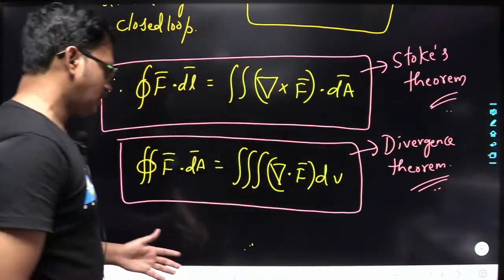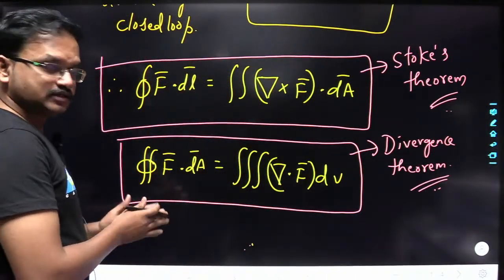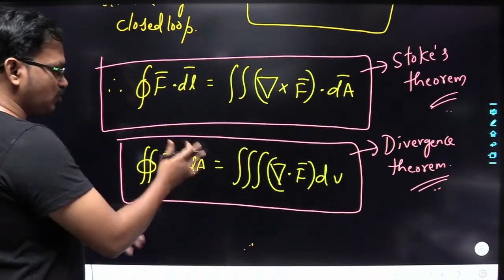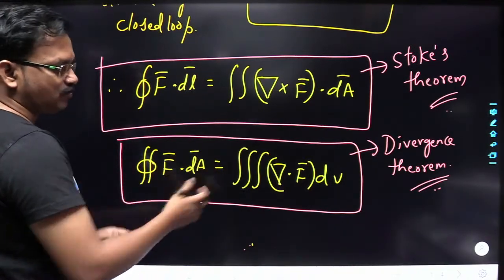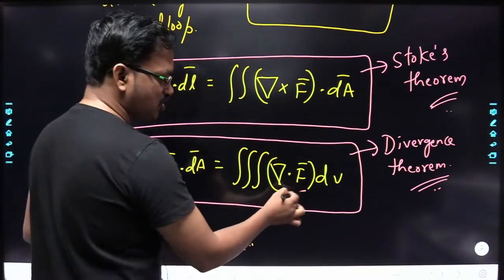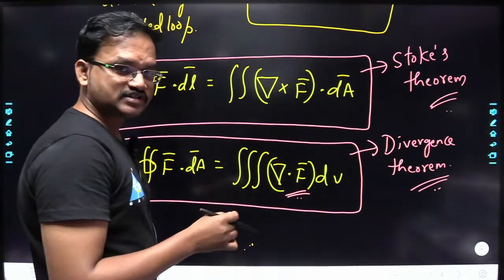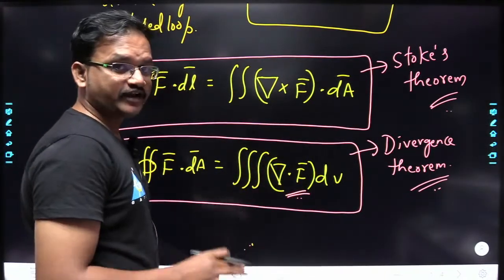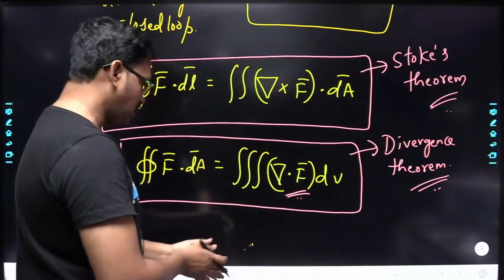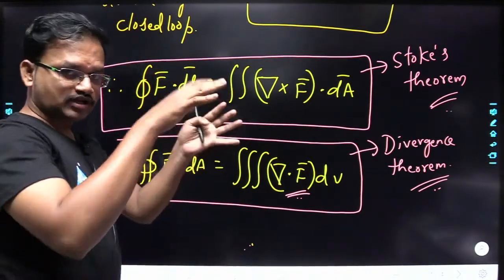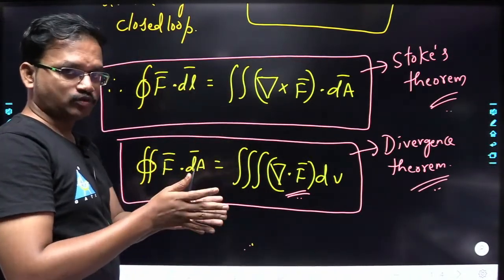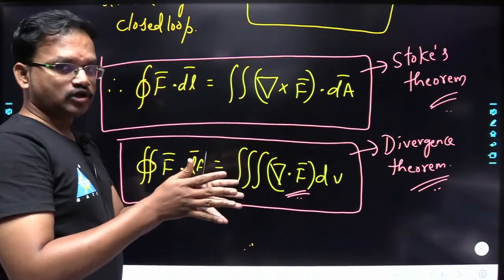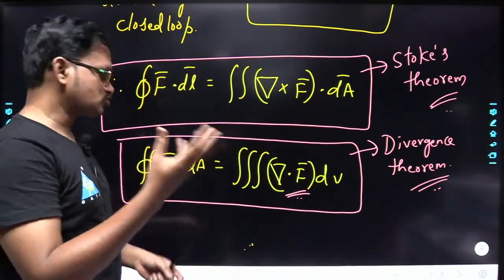So here what we have done is, if you want to determine the flux that is leaving any closed surface, that is equivalent to what? That is equivalent to the summation of all the divergences at each and every point throughout the volume, yes or no? This closed surface is going to enclose a volume, yes or no? So within that volume you must have the source of this field.